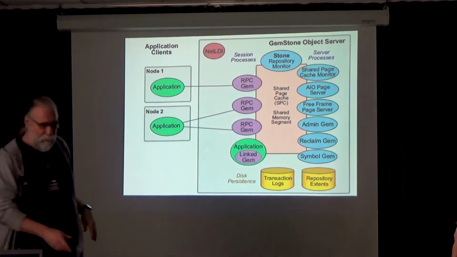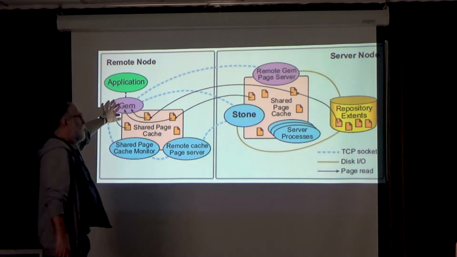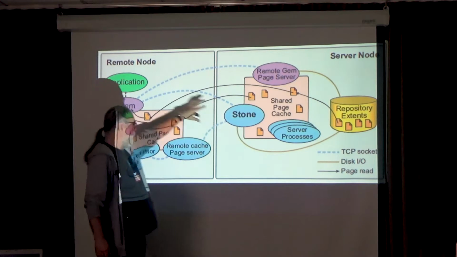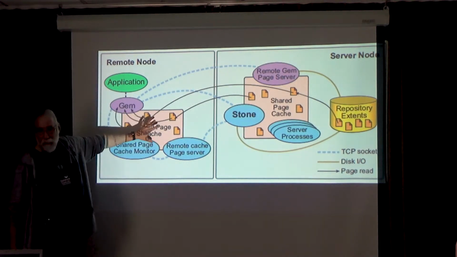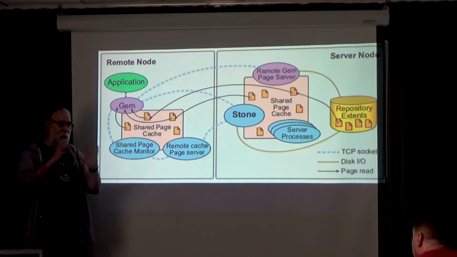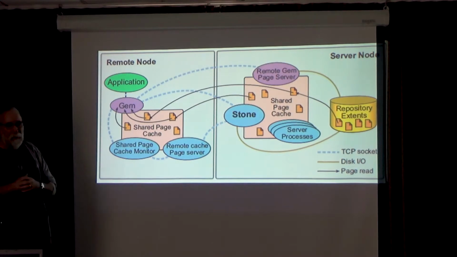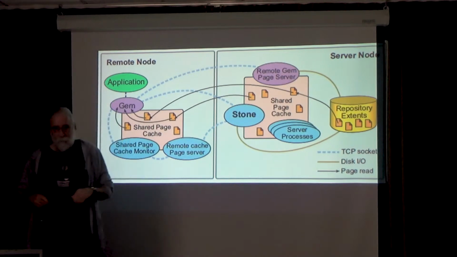We also have the ability to run gems on remote machines. So you have a setup where you've got the stone running in one place, and then you have gems running on other machines, and there's a shared page cache there. So really what goes on here is, Gemstone is a large memory-based Smalltalk, and it can be replicated across the network.